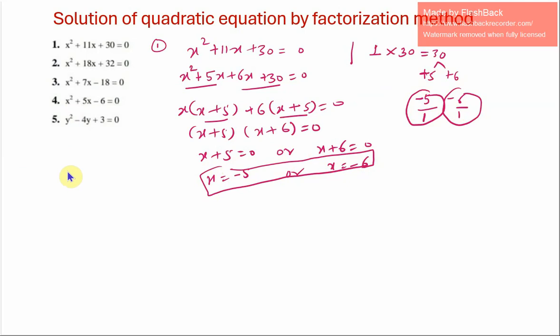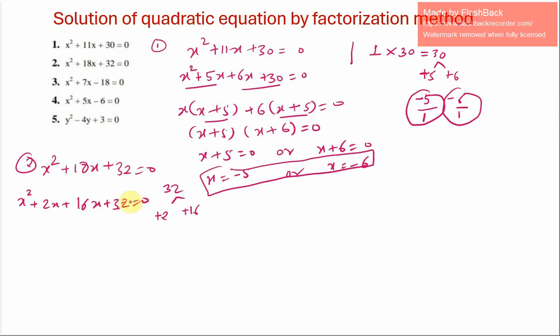Now the second example. The second quadratic equation is x square plus 18x plus 32 equals to 0. The product of the first term coefficient and the constant term is 32, and to split it as a sum of two numbers we can write it as plus 2 and plus 16, as 16 twos are 32 and 16 plus 2 is 18. So again in the same manner we will write the middle term as 2x plus 16x, plus 32 equals to 0.